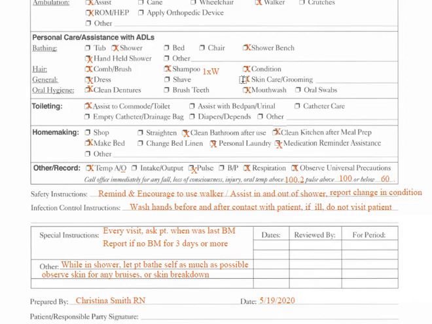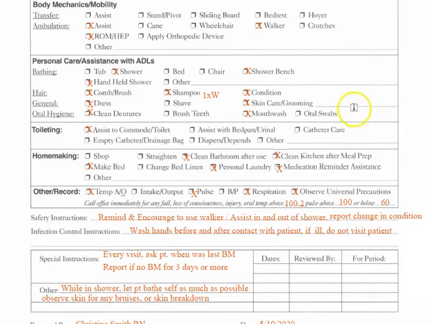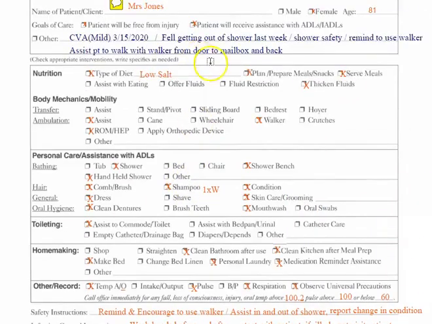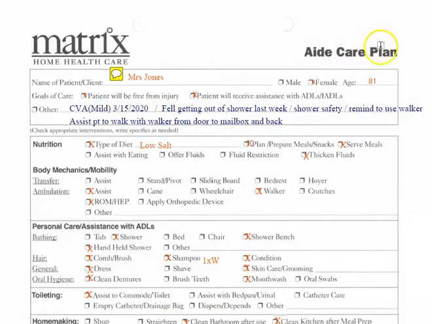You give someone a bath, shower, check their skin, do pericare, and you may be done instead of staying the whole day. Again, for home care, so this is when we were saying care plan, and also they say plan of care, depending on where you're working, but it tells you what you're supposed to do.